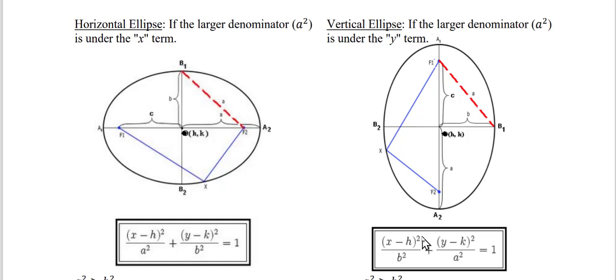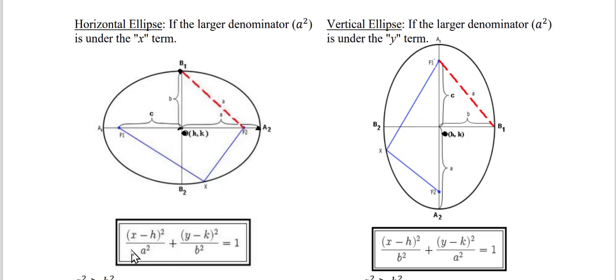What I want you to be thinking about here is in this picture, the a is the distance from the center out to this edge of this ellipse. That's the a. b is the distance along the minor axis, so it's from the center out to this point. That, in this case, is under the y.